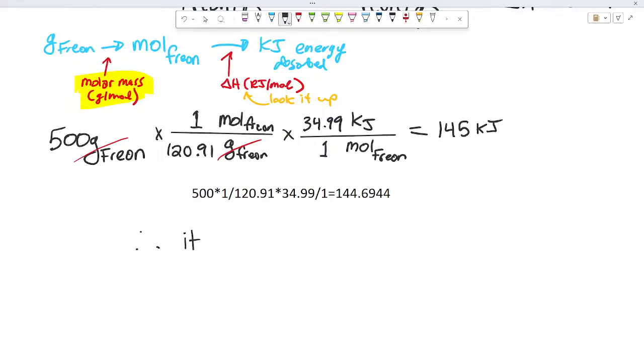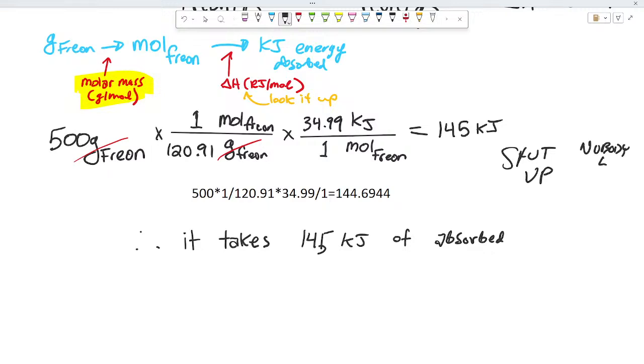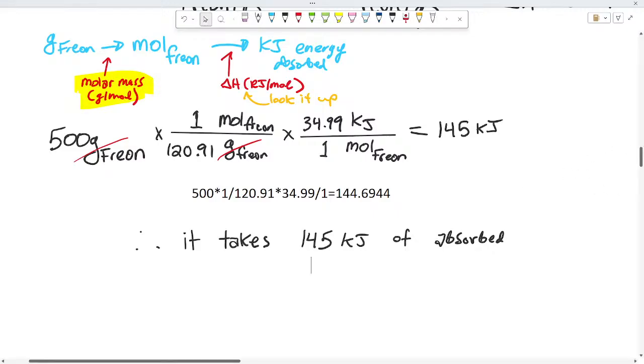So therefore, it takes 145 kilojoules of absorbed energy to vaporize 500 grams of Freon.